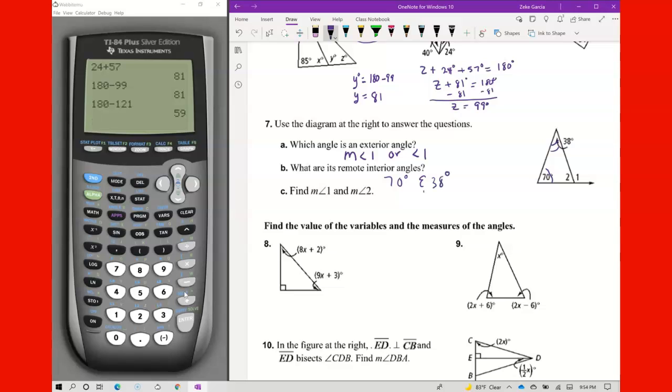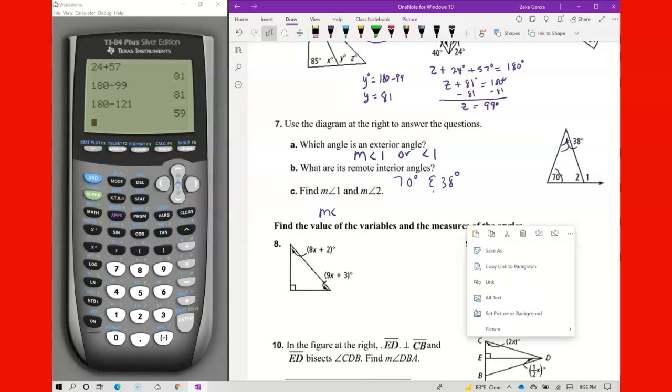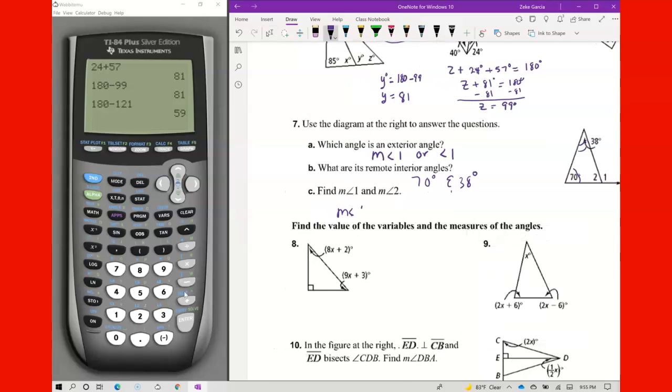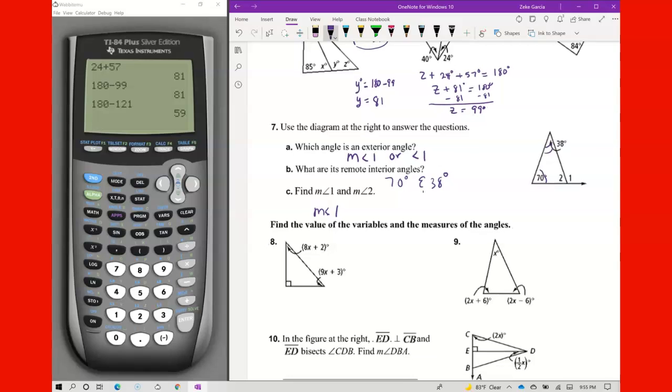So to find the measurement of angle 1, remember that that exterior angle is equal to the two remote interior angles. So we have 70 plus 38, which gives you 108 degrees. So 38 plus 70 gives you 108 degrees.